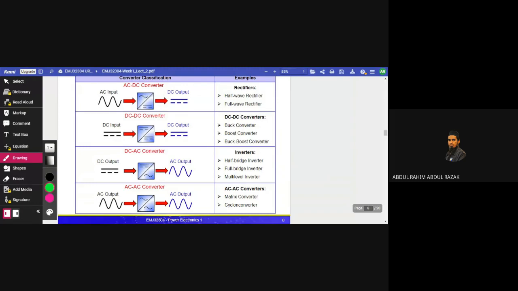That is how we decide what kind of converter to apply. So let's say we have a normal conventional AC input, but we need a DC output because the load requires DC, so we have to put in a rectifier. An AC to DC converter, or so-called rectifier, is needed to convert from AC to DC.